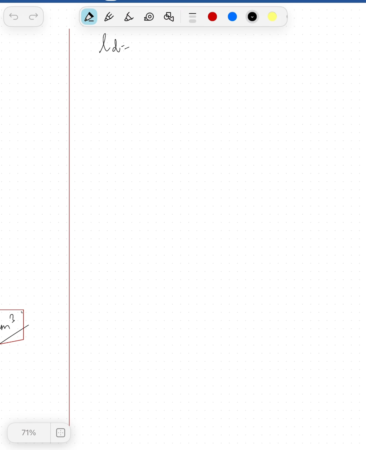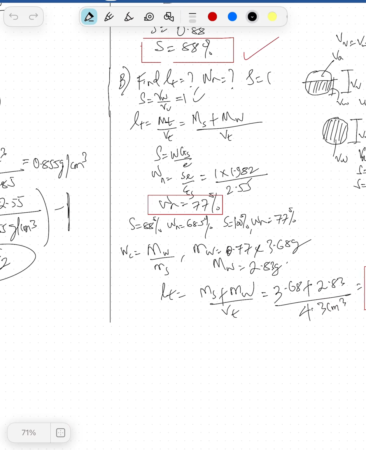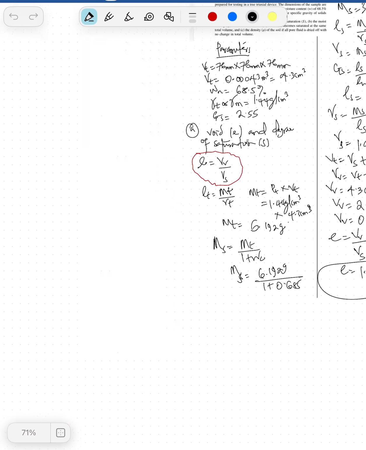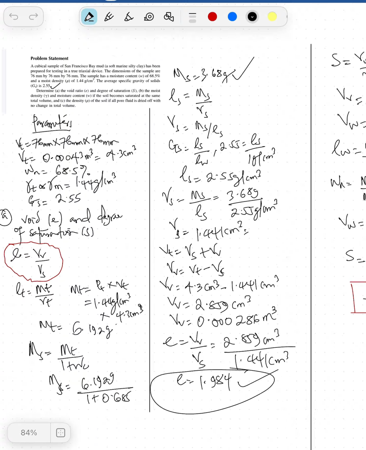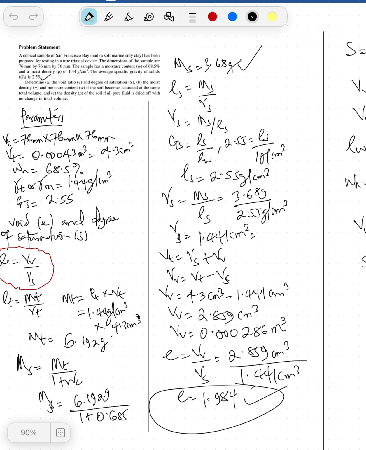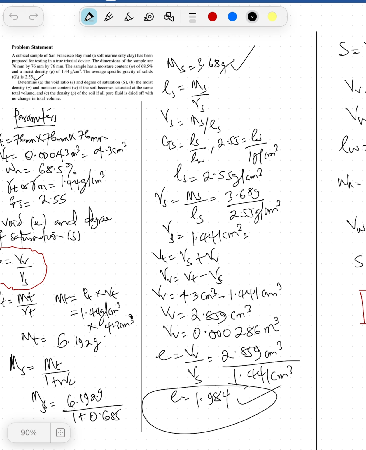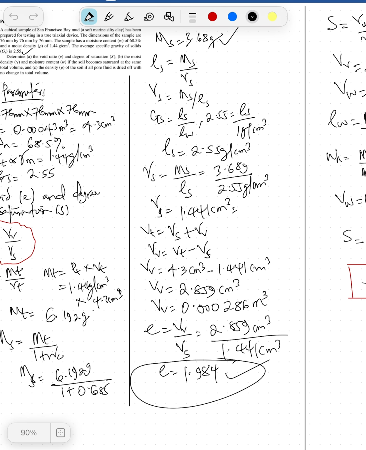Sorry for that. Let's go to the question again. So the question says find the density.